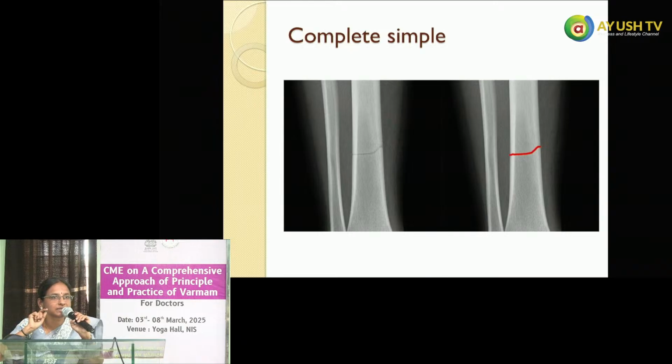The fracture line involves both cortical margins, and that is what we mean by a complete fracture. We have not seen any other complication in the fracture line, so this kind of fracture is called a simple complete fracture. The second variety will be a comminuted fracture.